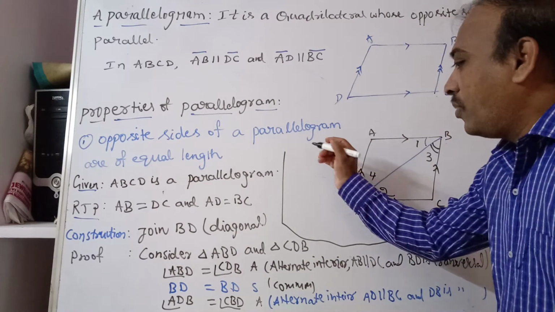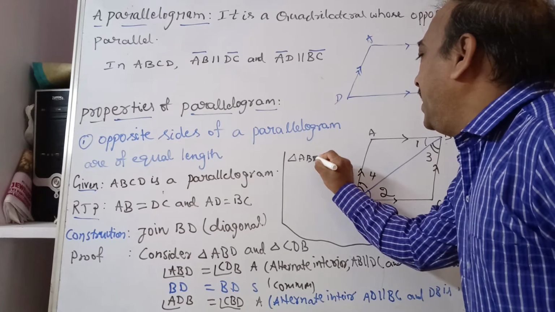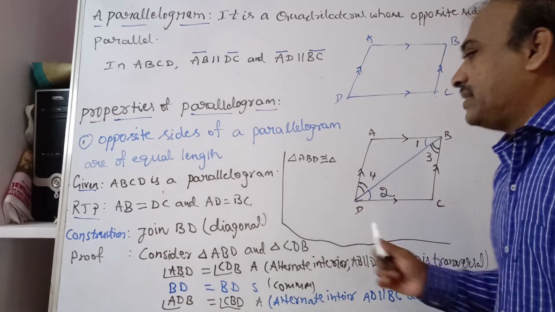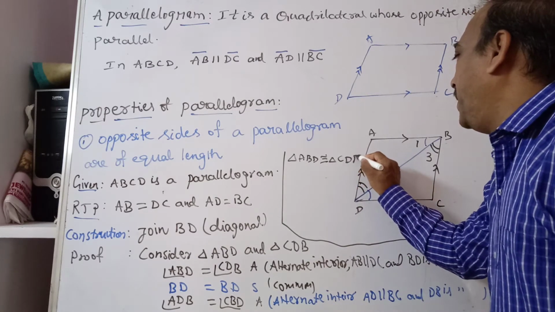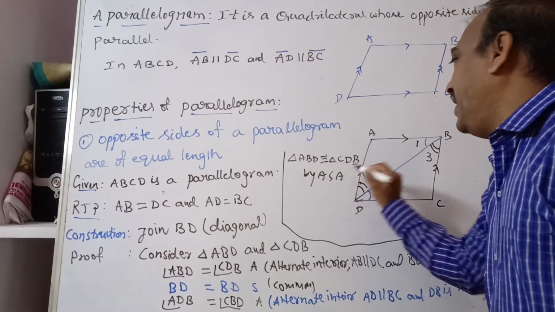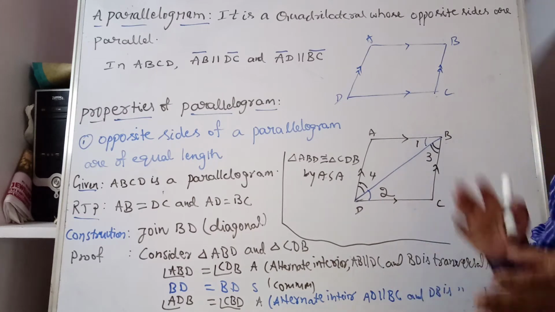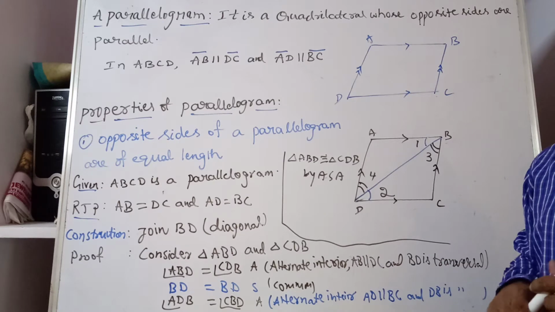Okay, so now triangle ABD is congruent to triangle CDB by ASA criteria. As we learned, once the triangles are congruent, their corresponding parts are equal.